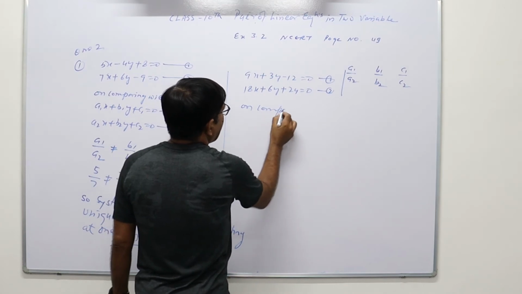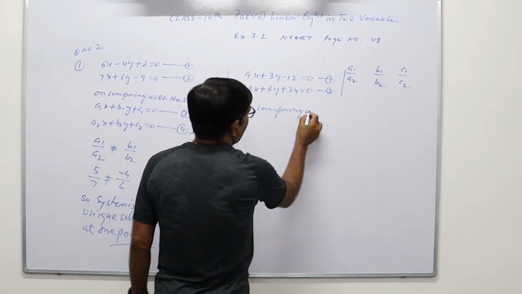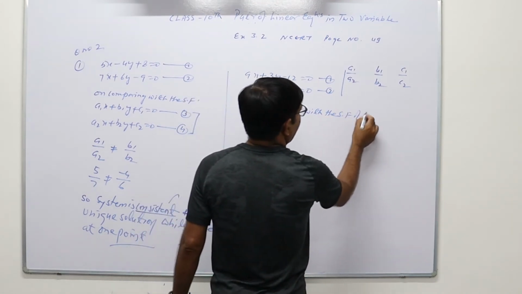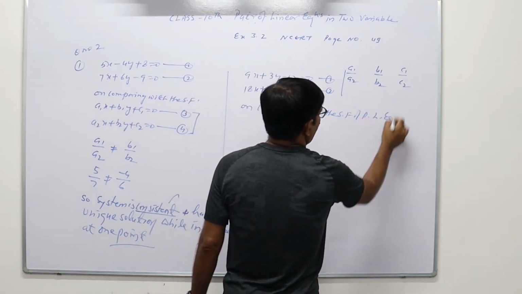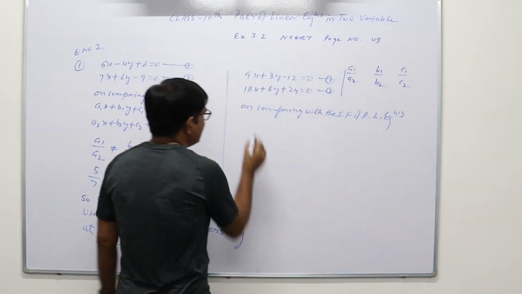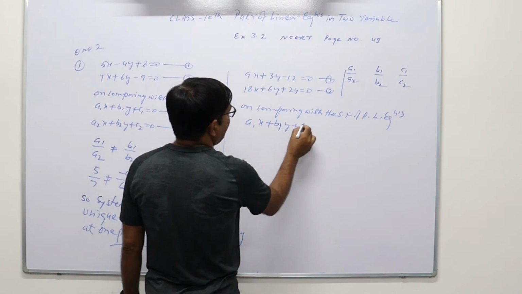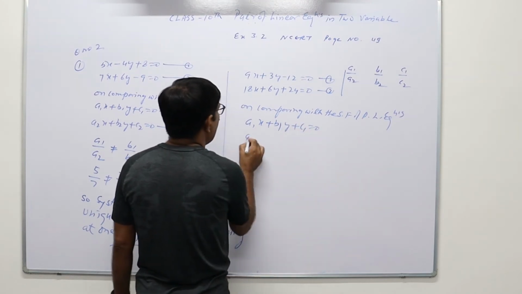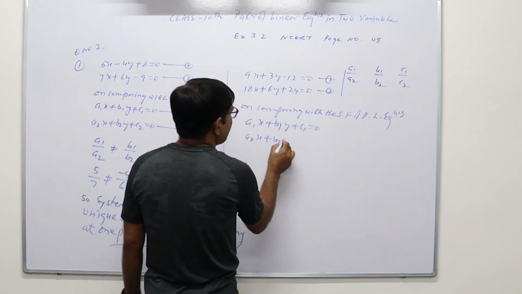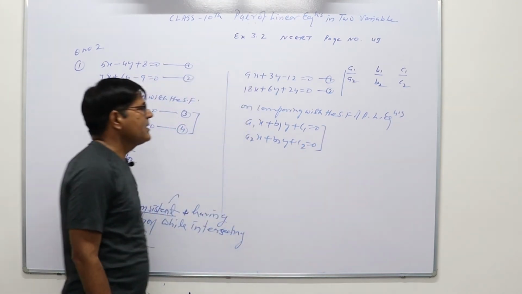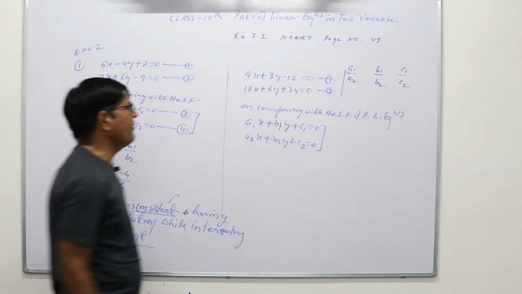On comparing with the standard form of pair of linear equations, the pair is given by a1x plus b1y plus c1 is equals to 0, and a2x plus b2y plus c2 is equals to 0.